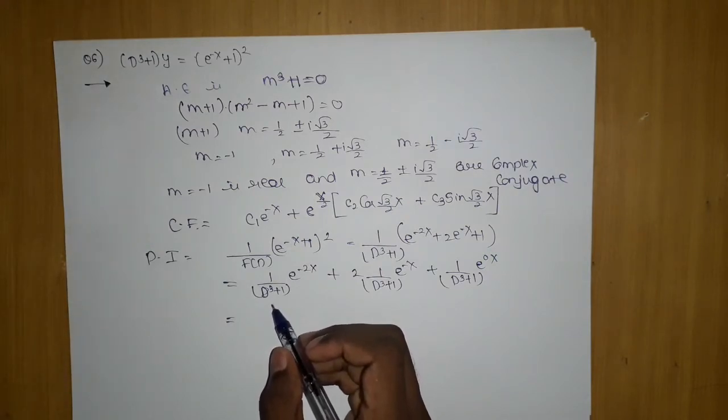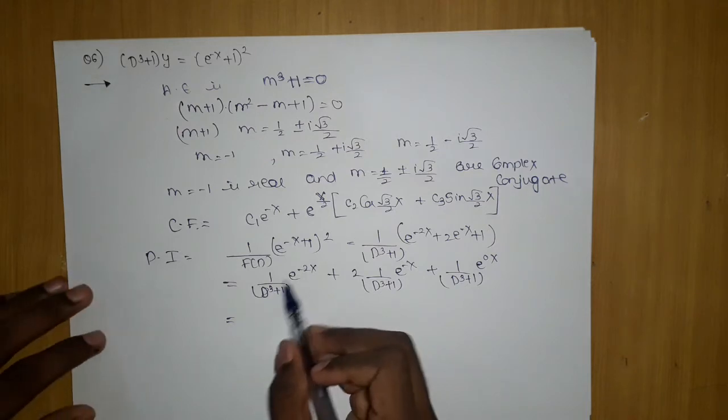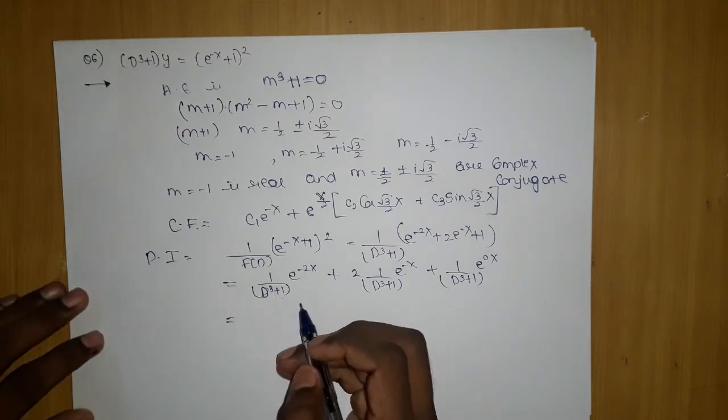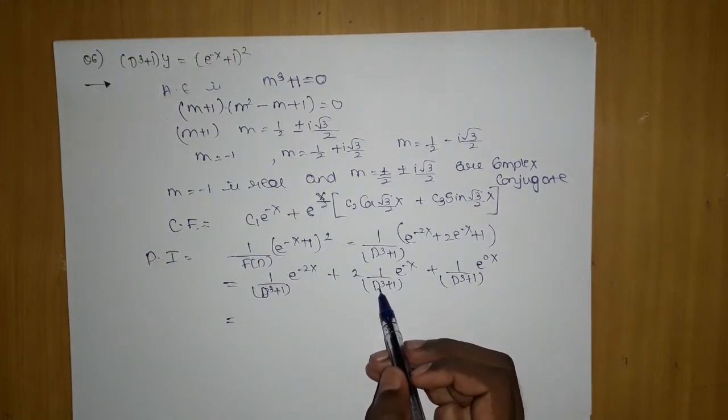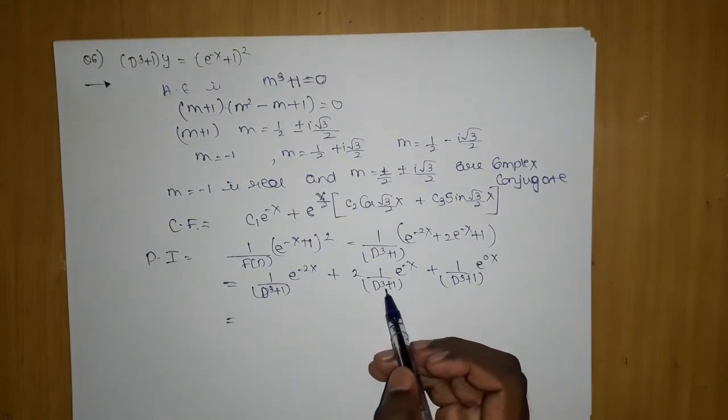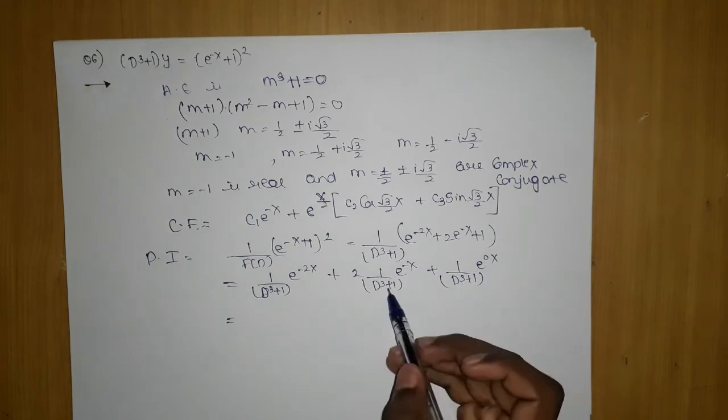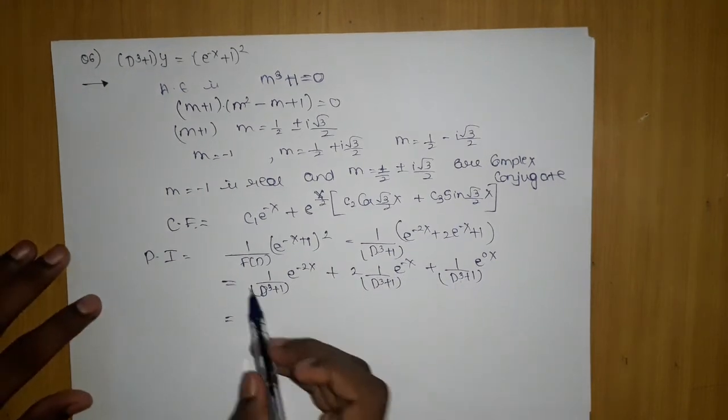Further on, we substitute here and check whether we are getting 0 or not. If we substitute, you can clearly see minus 2 cube is minus 8, minus 8 plus 1 is minus 7. So we are getting some constant value. For the next one, minus 1 cube is minus 1, which cancels out and becomes 0, so I need to differentiate and directly substitute.